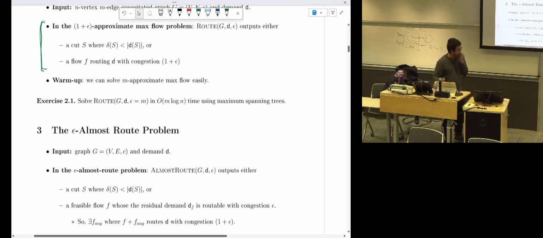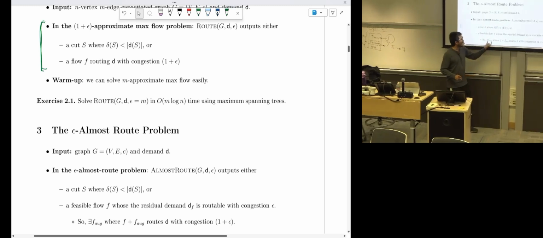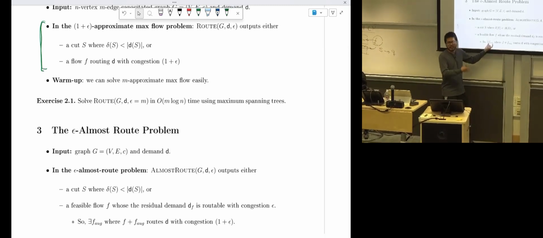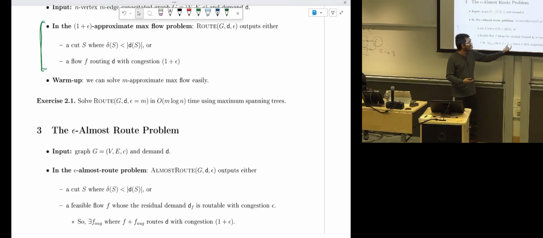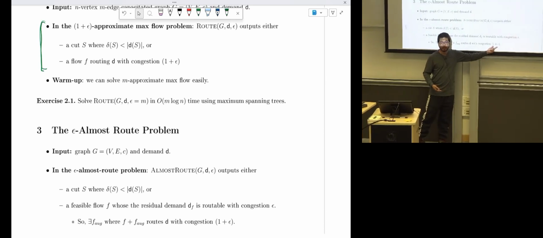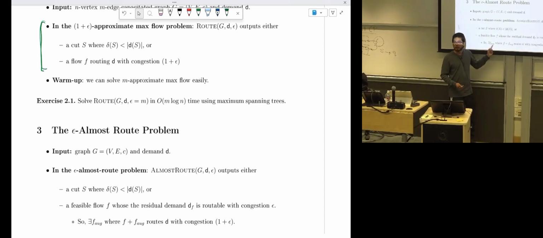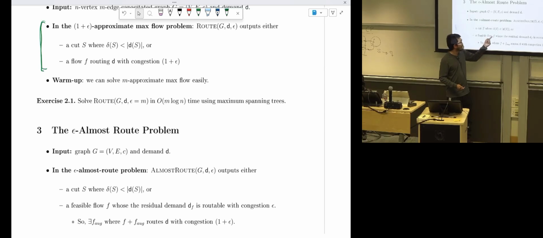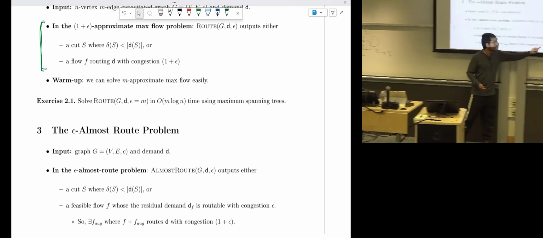It means that there exists another flow, let's call it flow augmentation, that if you add it into your flow, then, thinking of this augmentation as the flow that routes the residual demand, you add it to your flow and it will now route the whole demand. And this in total will have congestion at most 1 plus epsilon, because F aug will have congestion just epsilon, and F has congestion 1. So together it has congestion 1 plus epsilon.